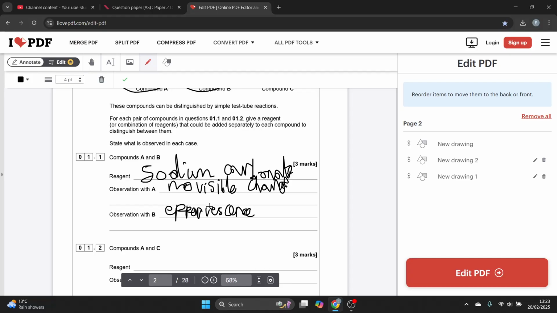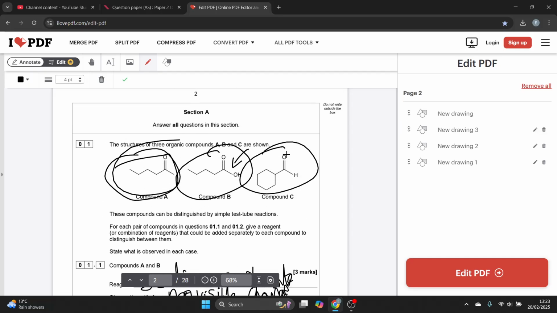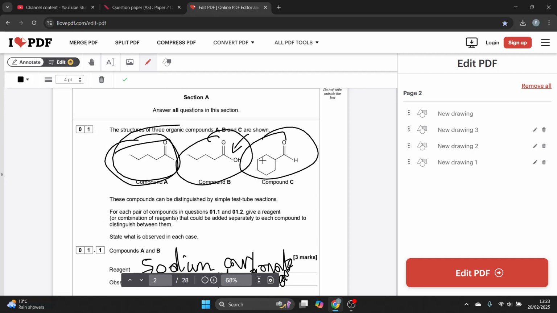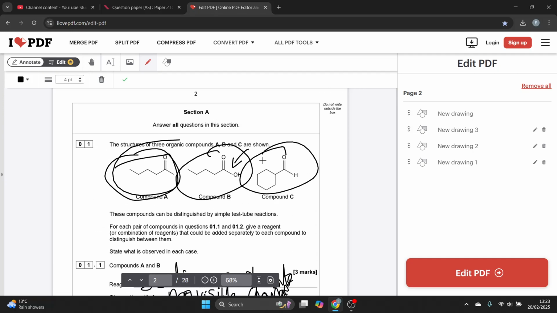Effervescence. Now, distinguishing compound A and compound C. Well, compound A, sorry, is a ketone.